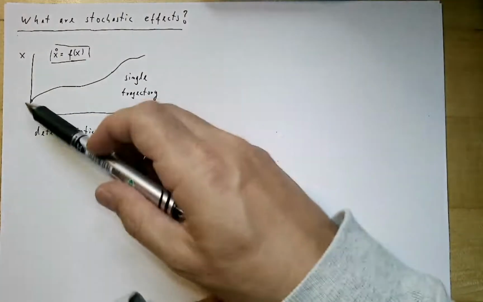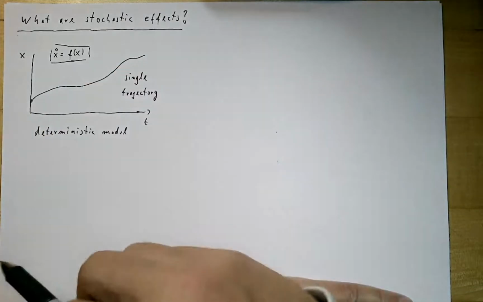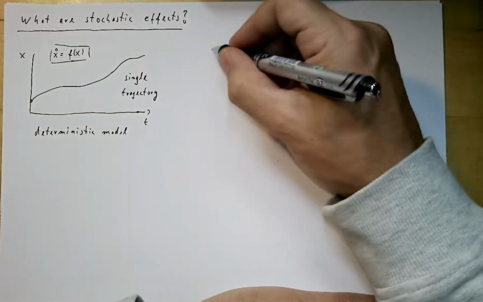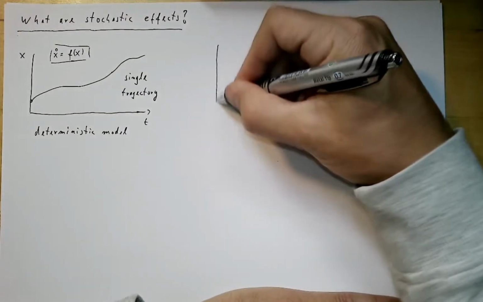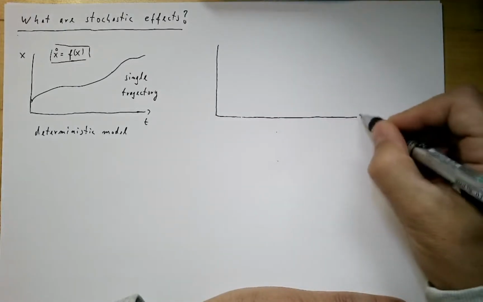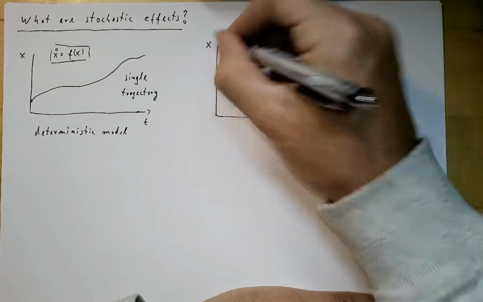Let's assume you would make an experiment. Let's say assume x is a population number or concentration of a chemical reaction. And so we make an experiment, again as a function of time. We want to know what's our state variable.